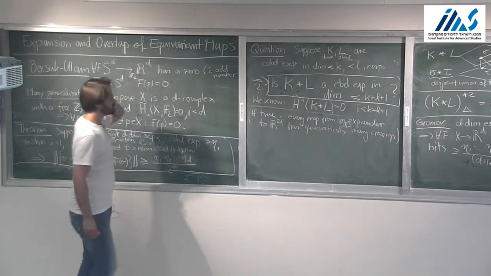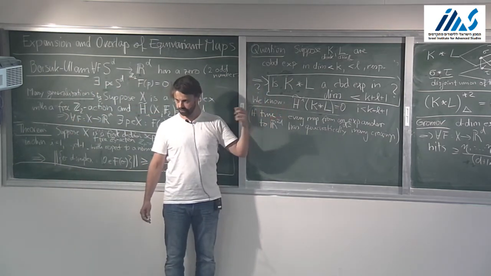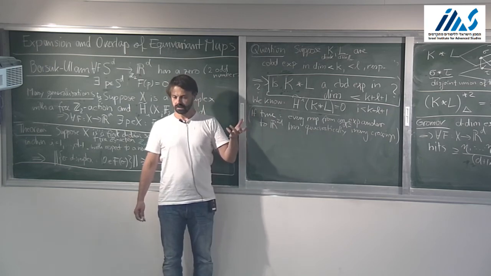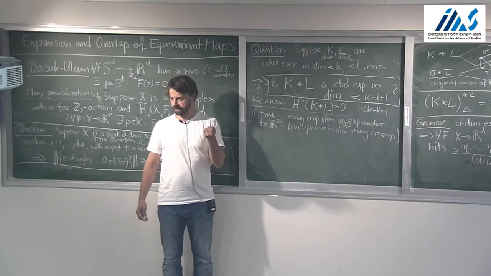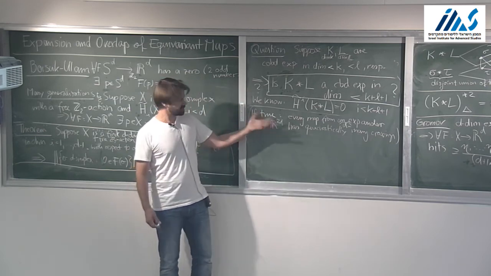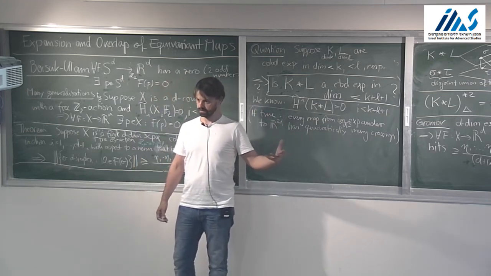But then it's very easy to see that the passage from the join to the deleted join, if you have some local sparsity condition in your complex, deletes a little o of 1 fraction of the faces in each dimension, which means that in terms of expansion properties, it doesn't affect the argument at all.